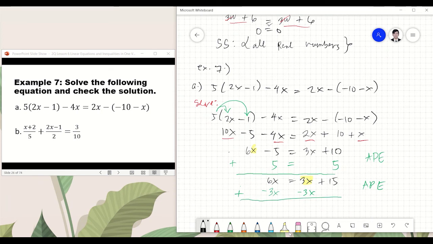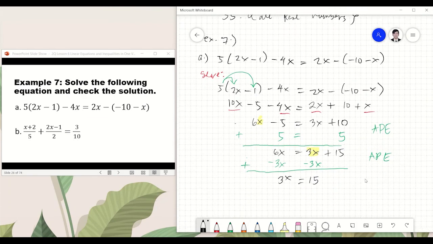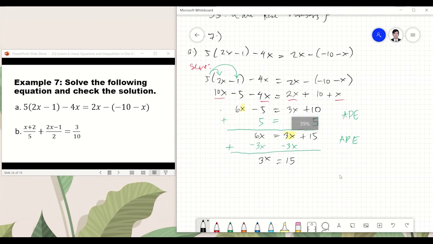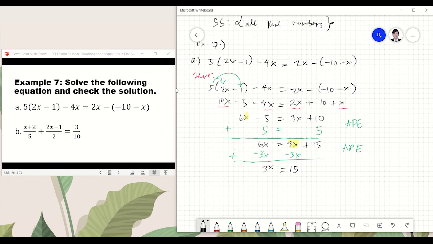Okay, so ano yung magiging resulta? Magiging 0 ito, yung matitira 15. Then 6x plus negative 3x, like terms sila. 6 plus negative 3 is 3. So 3x. Okay. And this is the best time that you will try to make the coefficient of the variable x a 1. So ano yung gagamitin natin? MPE.